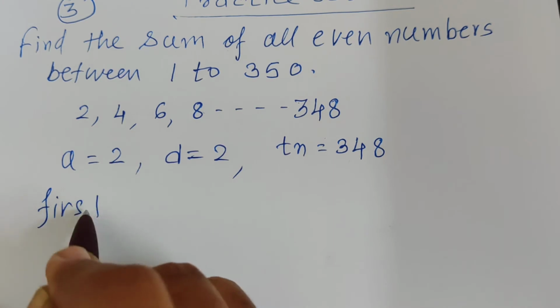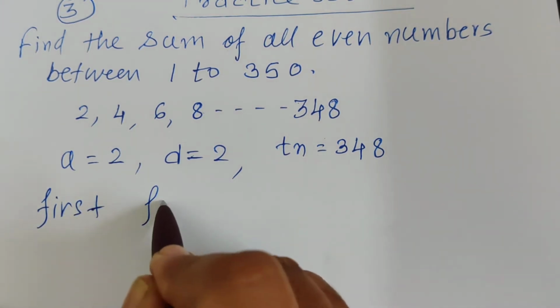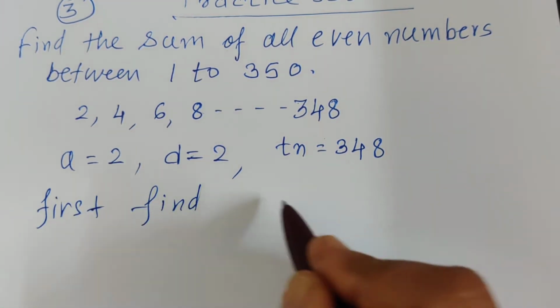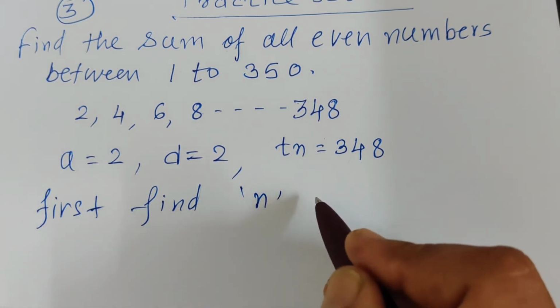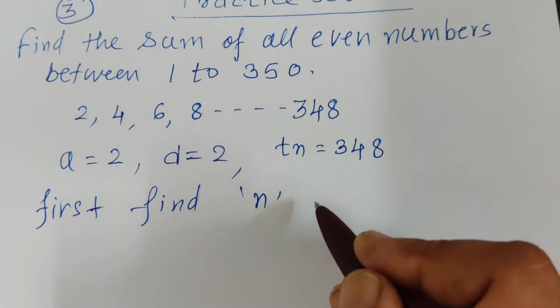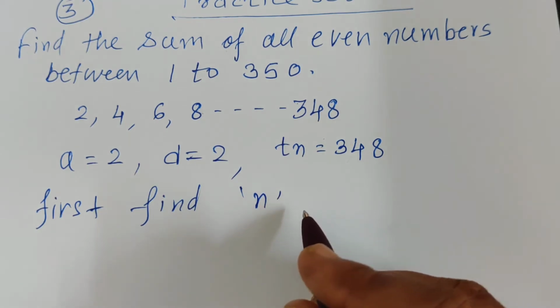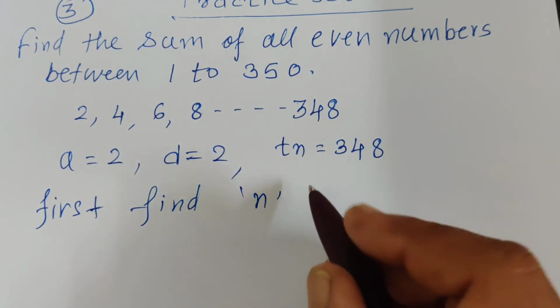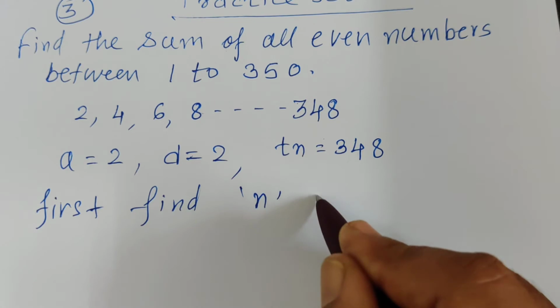That means total how many terms are there. Then only you can do the addition of that many terms. So first find n using the Tn formula.